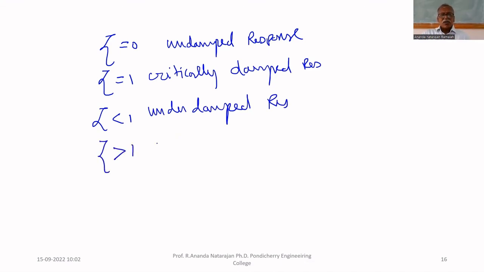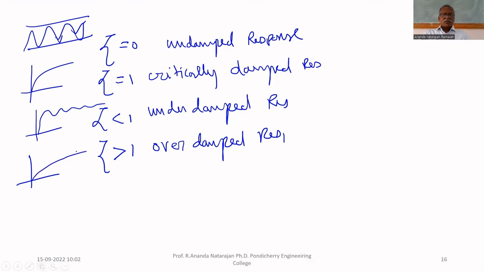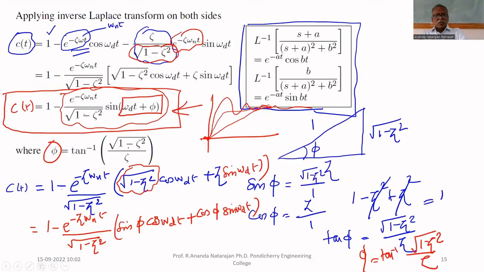Zeta greater than 1, over damped response. So there are four types of response, depending upon zeta. Undamped means continuous oscillation without any decrease in amplitude. Critically damped is the smartest response. Under damped means it has oscillation and settles. Over damped, zeta greater than 1, means it takes a long time to settle.